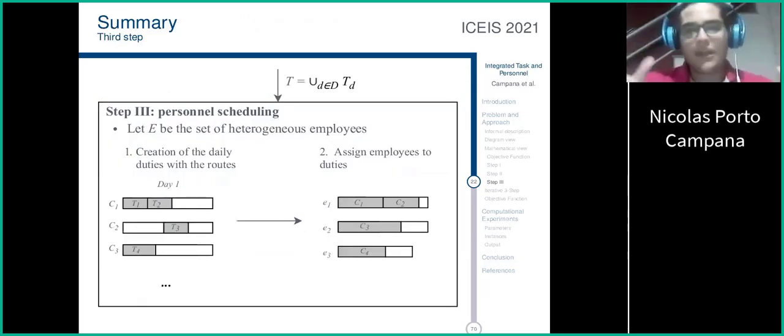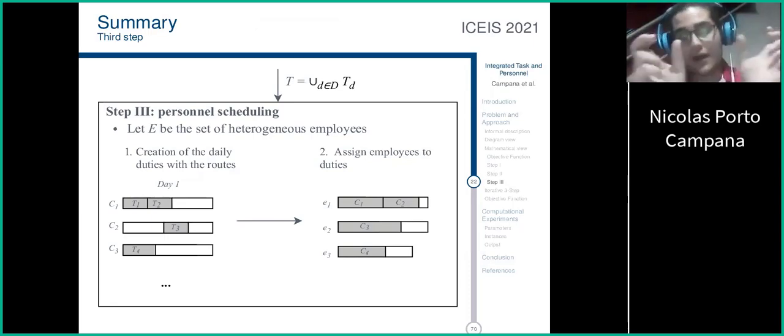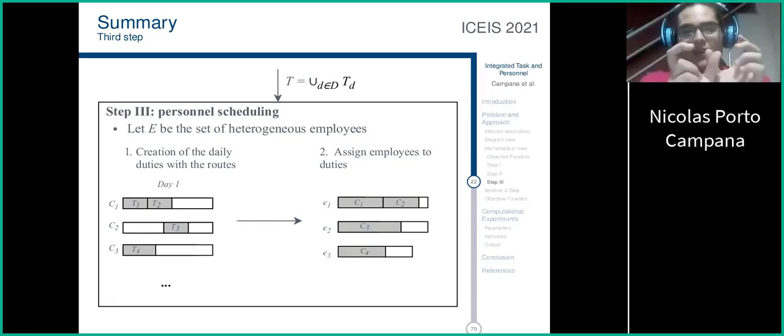So in summary, we receive as input for each day the set of cleaning routes, okay, and what do we do? We first pack these cleaning routes into what we call daily duties. It means that we get one or more cleaning routes that surely don't overlap, because we can have only one employee working at the same time.